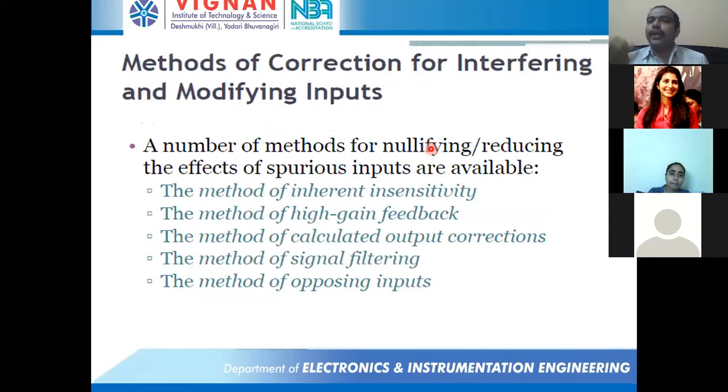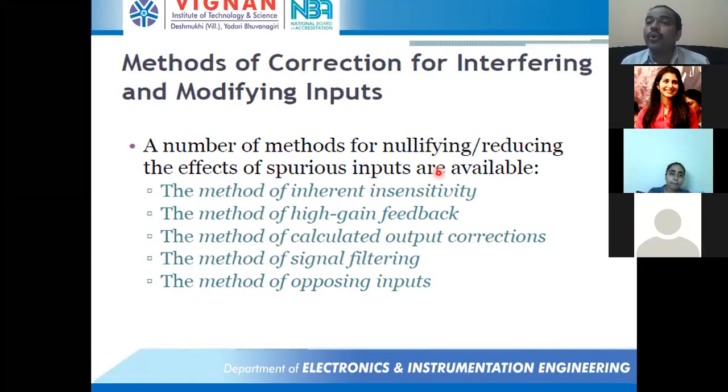To get a faithful, perfect result from an instrument, for example a U-tube manometer measuring pressure without any errors, we should avoid these interfering as well as modifying inputs.